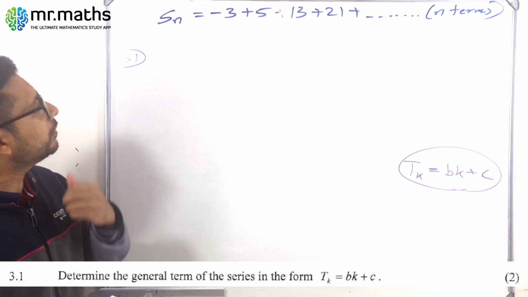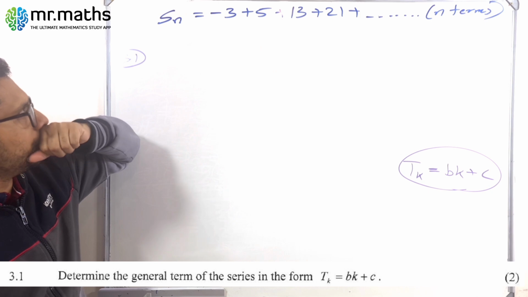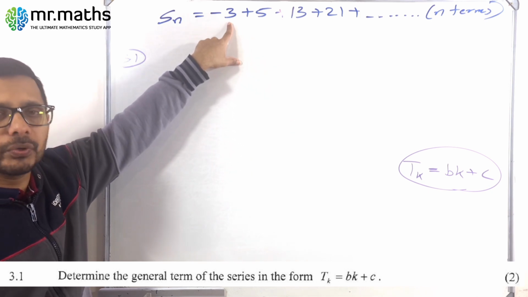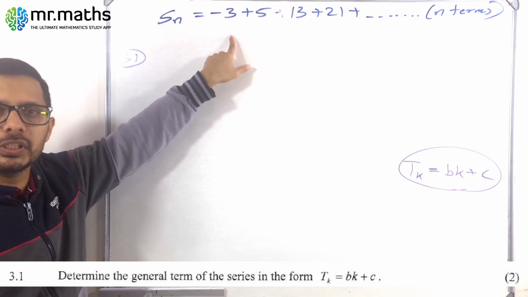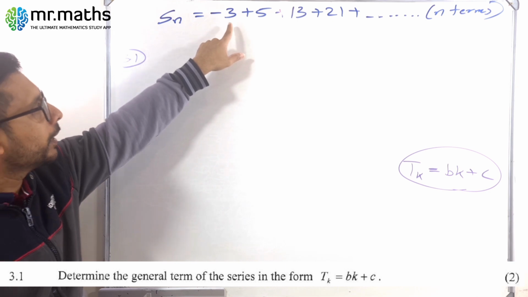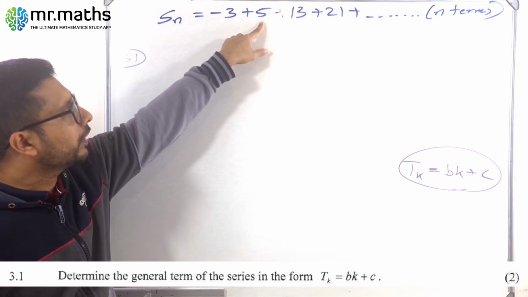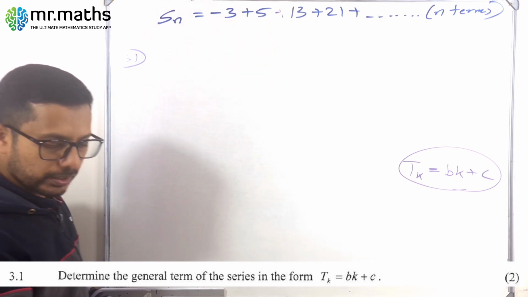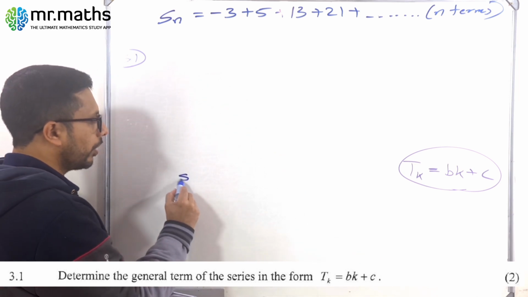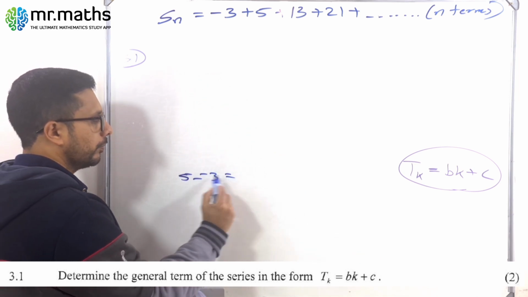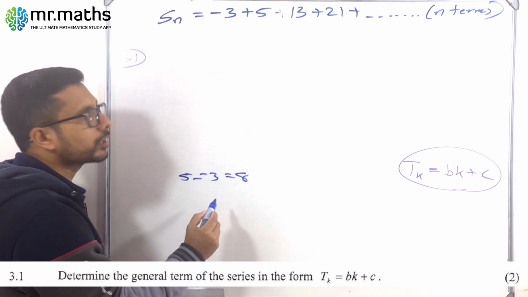So now look at this series. First of all, you have to identify what type of series this is. Second term minus first term: 5 minus minus 3, that is 8.